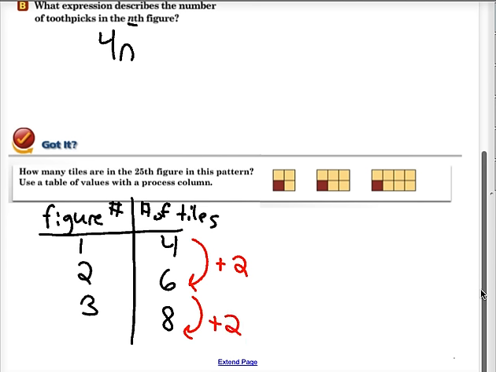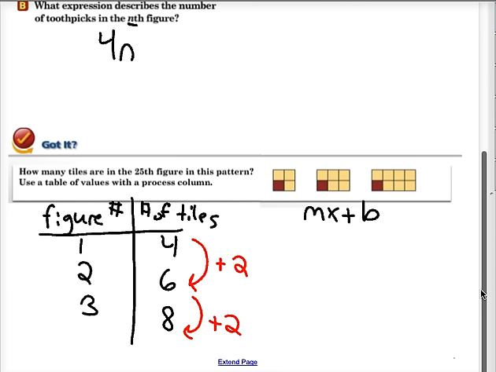All I'm doing is adding 2 more tiles every single time. So if I'm going to represent this, now that I understand I'm adding the same thing every time, I can use that linear representation, the mx plus b pattern, except remember we're going to use n instead of x because we're talking about patterns.